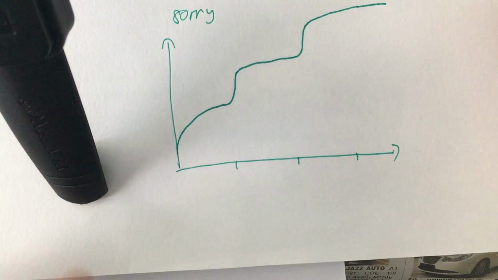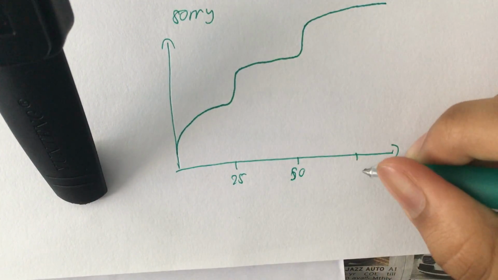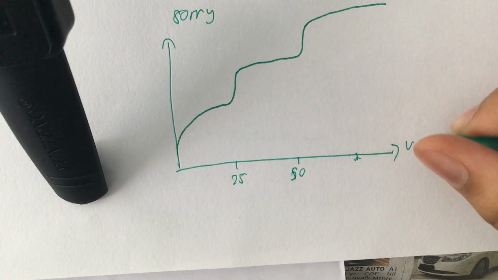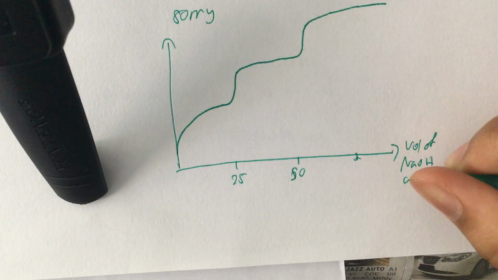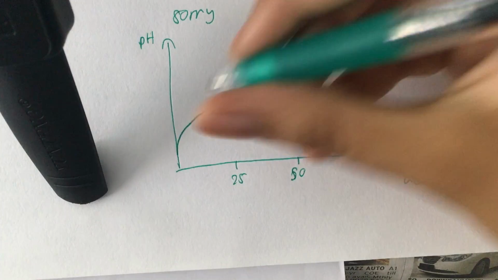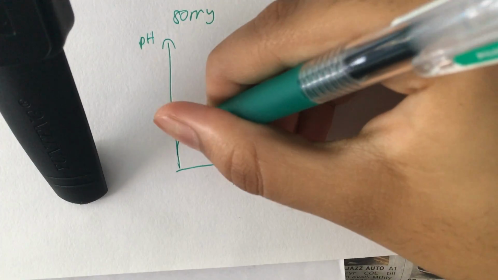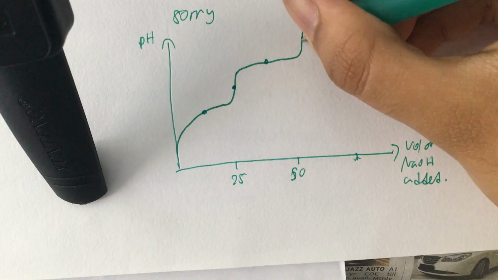The first one will be the first equivalence point, at about pH 8.3. And the second one at around 50 milliliters is around pH 10.3. So it's actually quite high. Both of them are above 7, which means that methyl orange technically doesn't work for this.